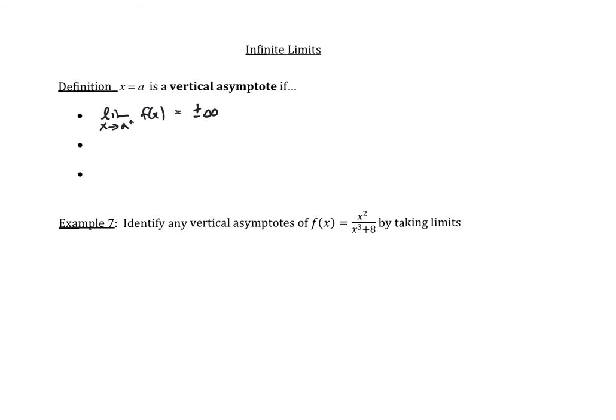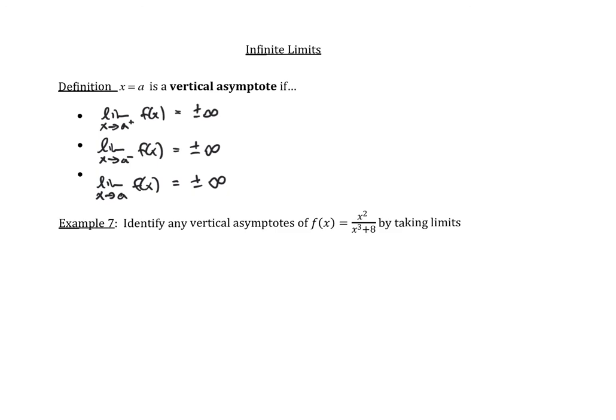The second situation is when the limit as x approaches a from the negative side of f of x is some type of infinity, plus or minus infinity. And the third case, as you could probably guess, is the limit as x approaches a from both sides of f of x is equal to plus or minus infinity.